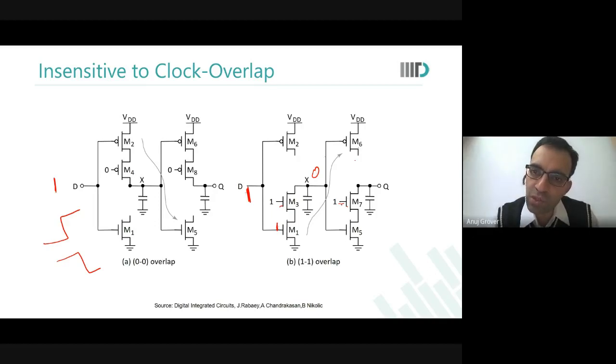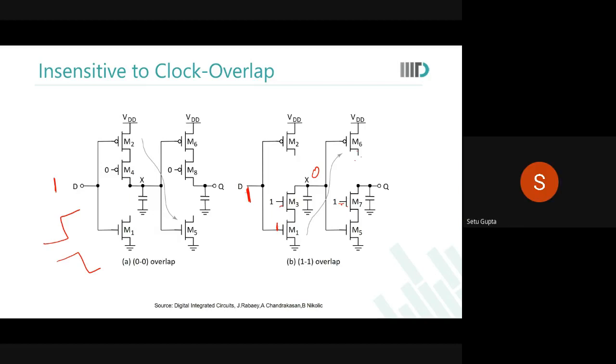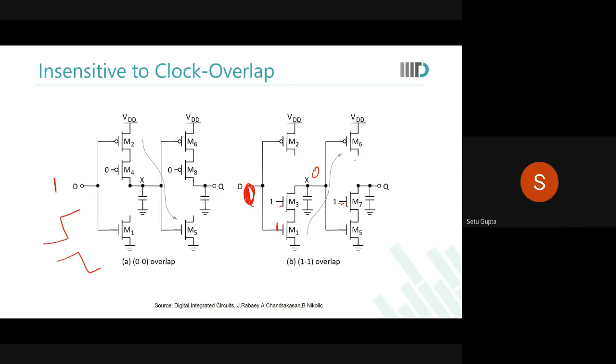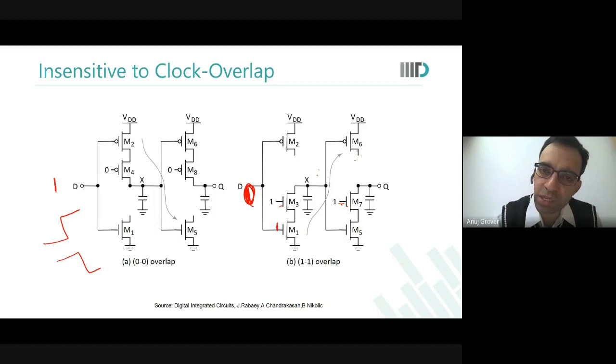This was 0, but this does not do anything to Q yet. And now even if D toggles, this X is not changing. Oh, right. X will not change, so there is really not a problem there.